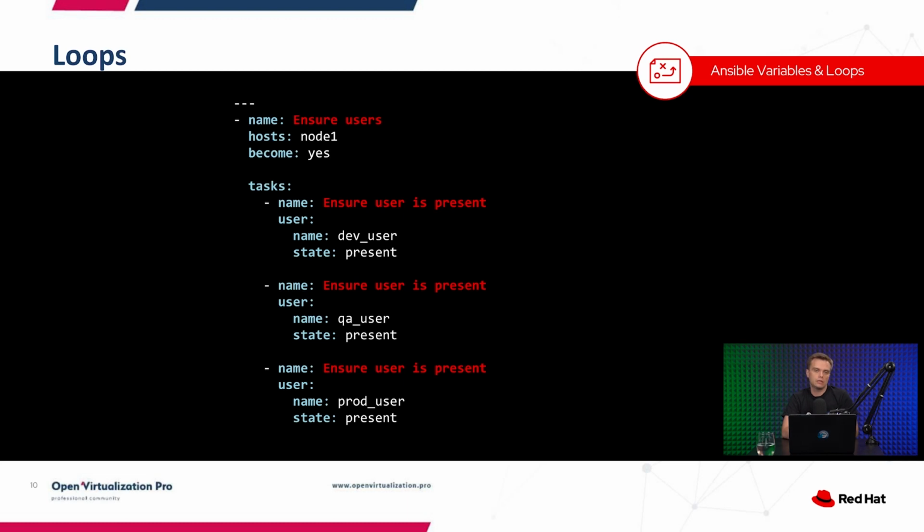Now the handlers are one thing, but I believe that something even more convenient, and that you would see more often in playbooks than handlers, would be loops. So when you start writing a playbook, a script, or whatever, then usually, as in a programming language, you will have a situation at some point where you would like to execute a task for some set or list of entities.